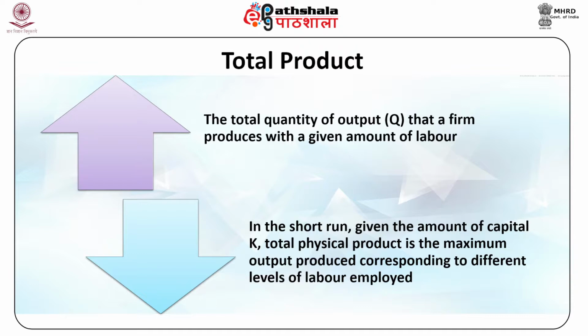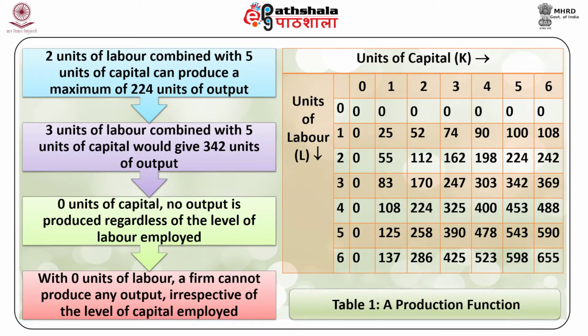In the short run, given the amount of capital K, total physical product is the maximum output produced corresponding to different levels of labor employed. From table 1, we can see 2 units of labor combined with 5 units of capital can produce a maximum of 224 units of output.